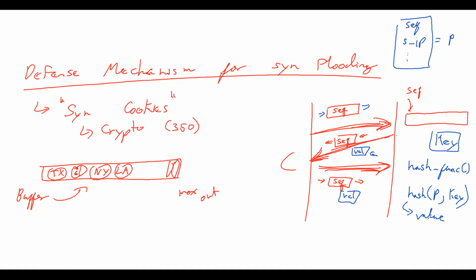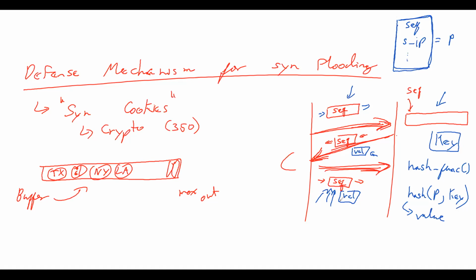Now when you receive it, you don't have anything stored here, but when you get this value, you take the parameters again. You extract the sequence, because the sequence is just going to be the sequence plus one. You can always get the original sequence, because in the three-way handshake these are only increasing by one.